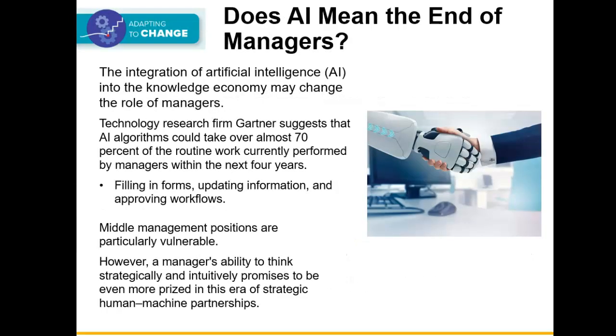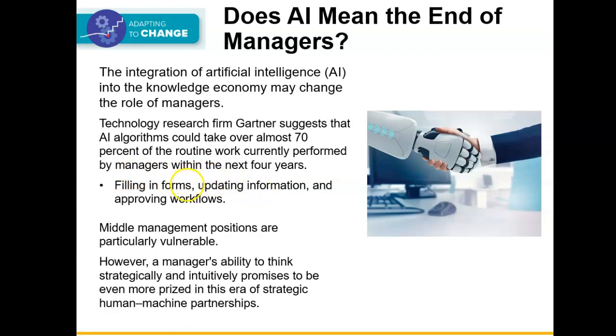Okay? AI, artificial intelligence. What does AI mean for managers? Can AI replace managers? Well, there's a firm that suggests that AI algorithms could take over almost 70% of the work currently performed by managers within the next 4 years. That's major.